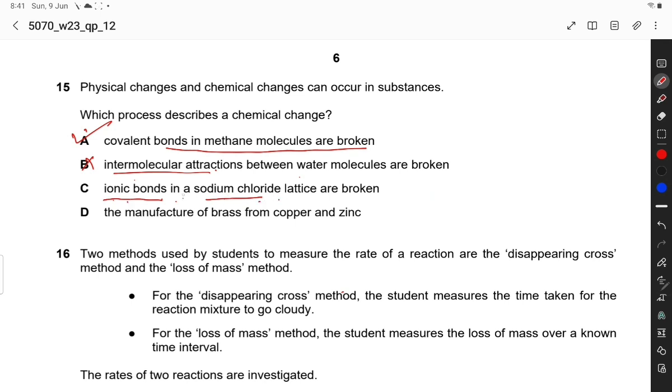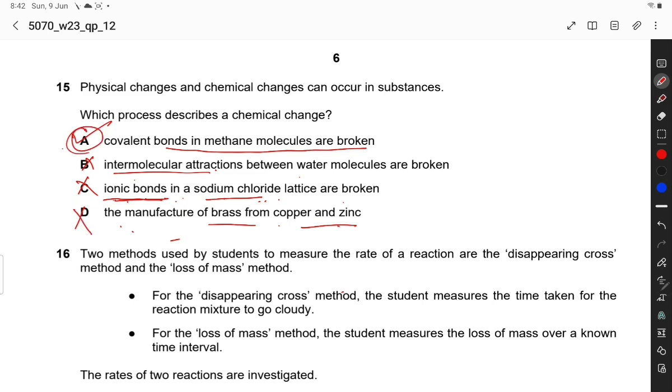In sodium chloride, only the ions are separated. Molecules are not broken down, the ions are separated from the lattice, so this is a physical change. The manufacture of brass from copper is a mixture, so no chemical change takes place. So this is also incorrect.